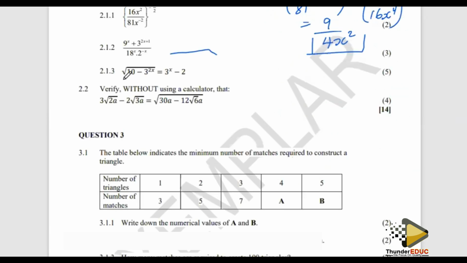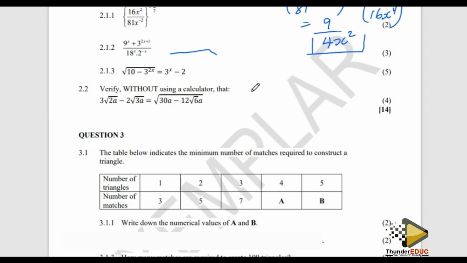All right, then 2.2. Verify without a calculator that this whole thing is equal to this. They're not asking you to solve, they just want you to verify. So under verification, it's like a proof question. You're moving from one side and you must end up on the other side.